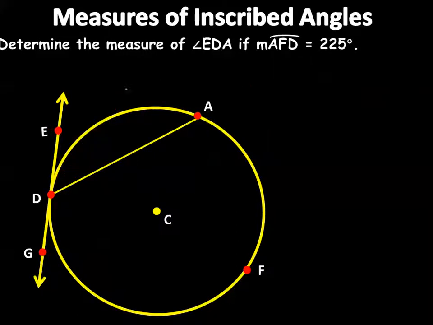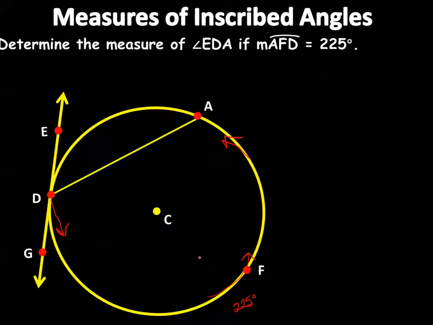This one says, determine the measure of angle EDA if the measure of major arc AFD is 225. So I'm going to write 225 down here. That's this whole arc going from D on around through F up here to A. That's a pretty big arc.